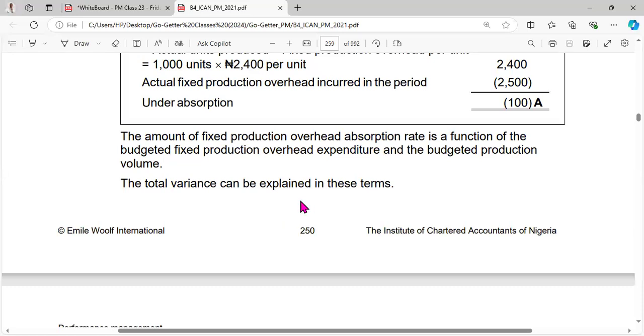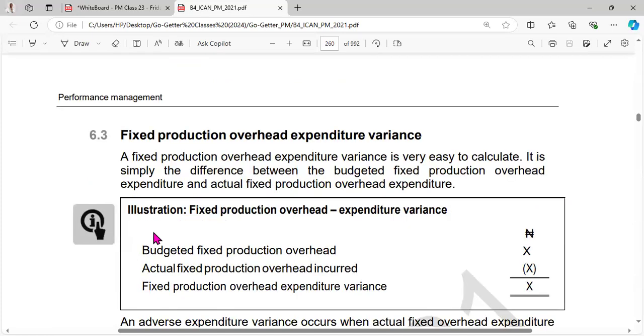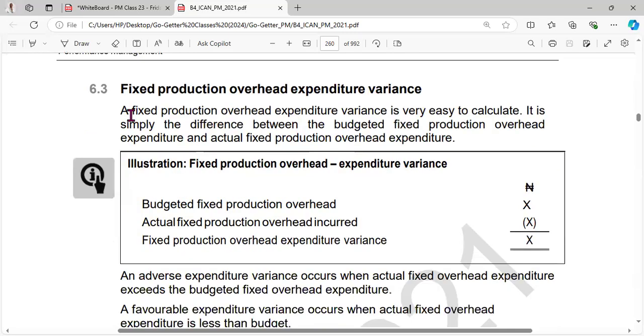And so the total variance can be divided into expenditure variance and volume variance. So a fixed production overhead variance is very easy to calculate. It is the difference between the budgeted production overhead and the actual production overhead expenditure. So you see here, budgeted production overhead minus actual production overhead.